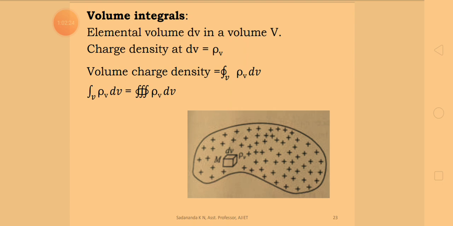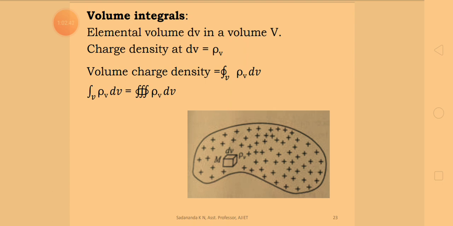And the charge density at that particular point m in the elemental volume will be rho v. Rho v is a scalar entity, that is the volume charge density in the elemental volume.